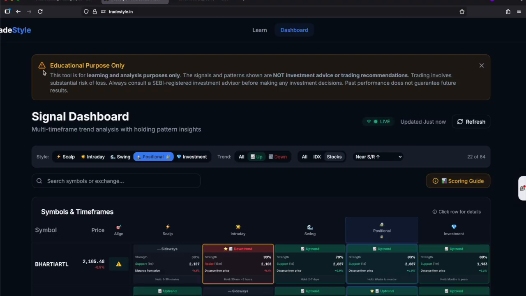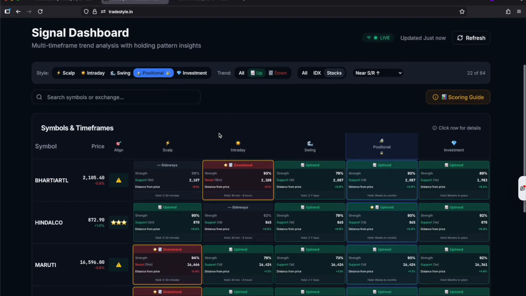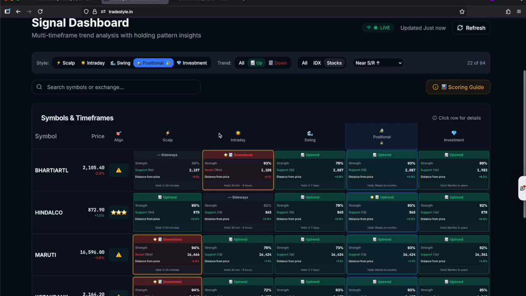Today we see there are lots of traders who are actually losing money, around 90% of traders. So you should consider this tool as one more tool in your toolkit, and do not consider it the only thing for your decision.